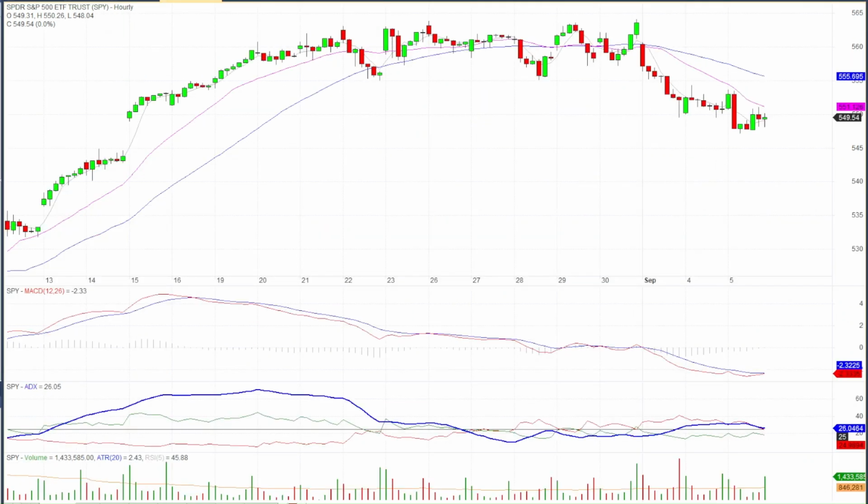Finally, I do think I wanted to point this out. If you look at what the spiders are doing, we do have enough negative DI to cause the ADX to get above 25, but it's not like going nuts. It's not doing what was happening here to the upside. And the reason why I want you to understand is that we've had this drop, but then you get positive DI here, right? And then you get more positive DI here.